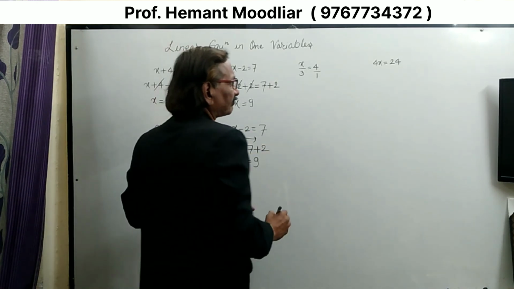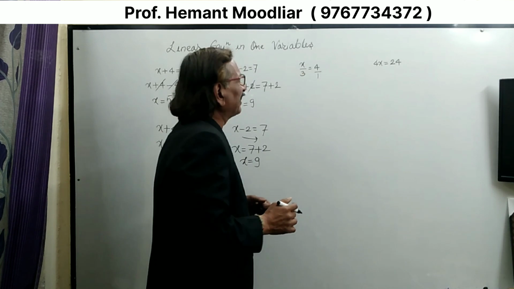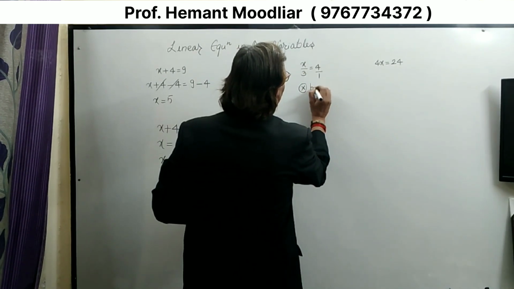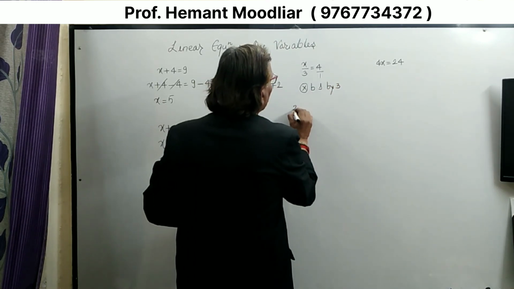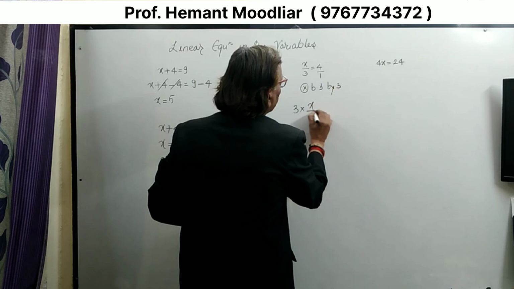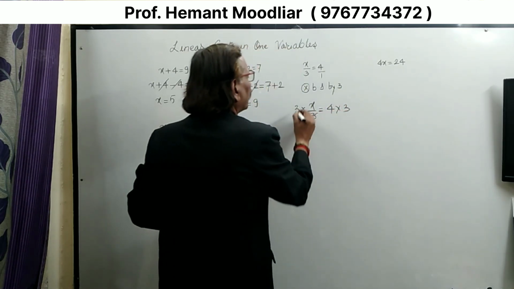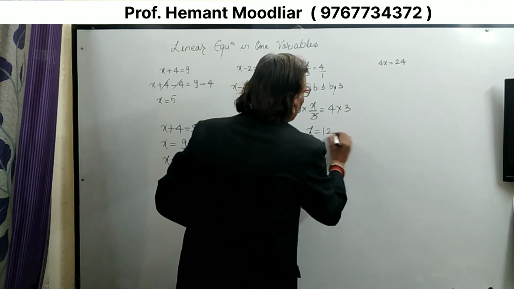Now here, the technique is very simple. Normally it is explained in this way, that multiply both sides of the equation by 3. And what happens is 3 into x upon 3 is equal to 4 into 3. Here you say 3 cancels, x is equal to 3 4s are 12.